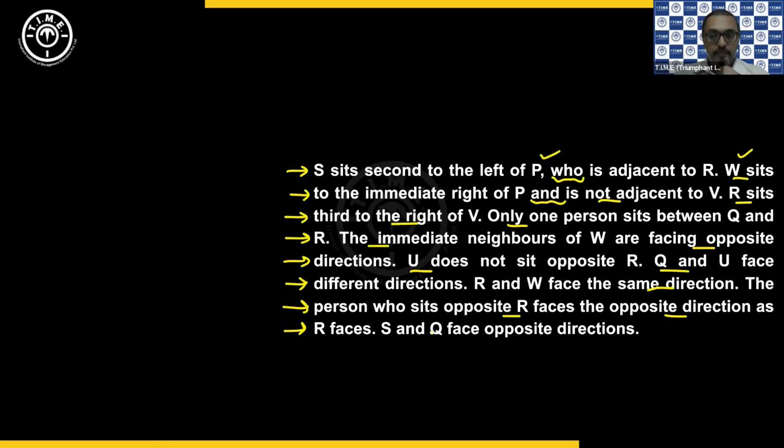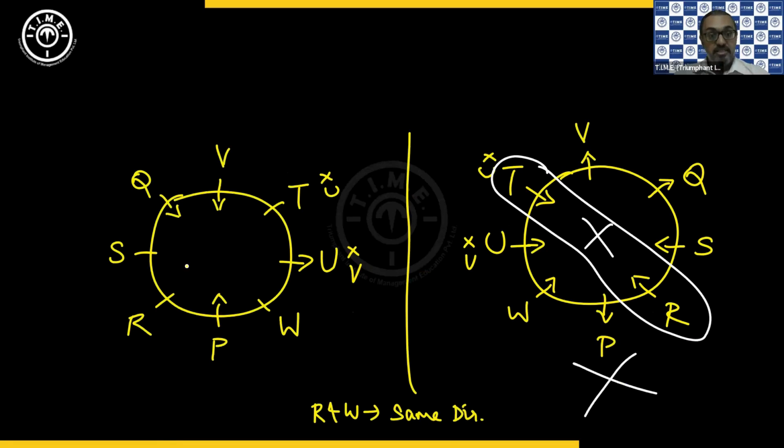Okay. Then S and Q face opposite directions. So if S and Q are opposite, S will be away from the center. Now I know that there are 2 people, S and U, away from the center. So R and W cannot be away from the center because they need to face the same direction. They both will be towards the center. Then the remaining person T has to face away from the center.